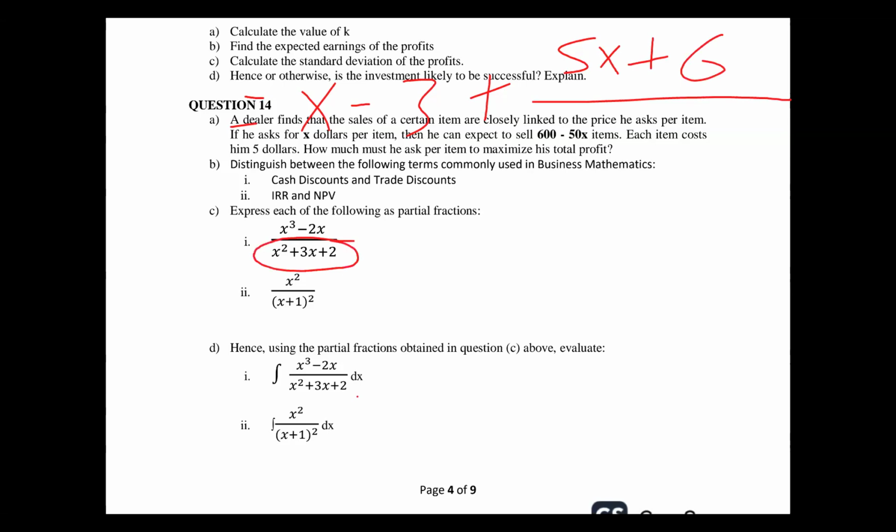You express it into its own factors using the notes you learned from quadratic functions. So you have x plus 1 and x plus 2. Those are the two factors that you could find when you solve this fraction.